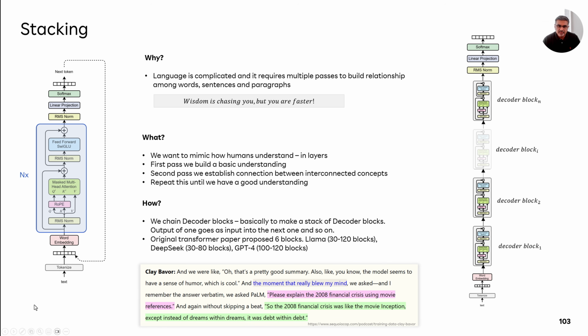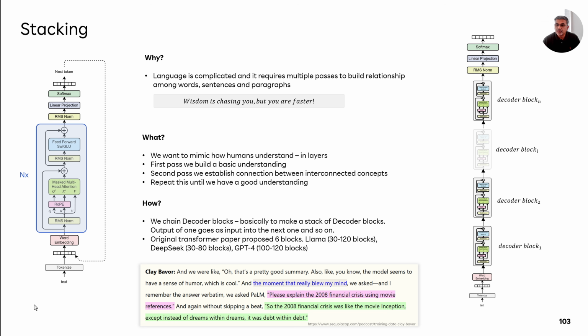It said, so the 2008 financial crisis was like the movie Inception, except instead of dreams within dreams, it was debt within debt. Now, those who actually understand the CDO within CDO and the whole 2008 financial crisis will be able to appreciate how profound this is.